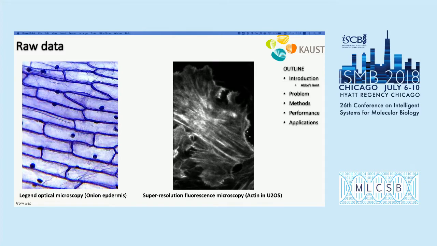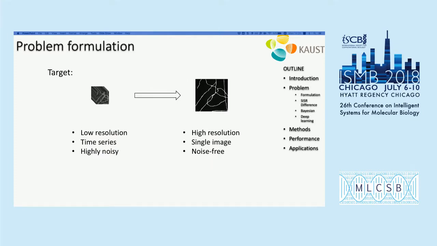We can see from the movie that the fluorescent proteins are like blinking bulbs on the structure, which light up the structure in turn. Although using just one frame from the movie it is impossible to reconstruct the structure, using the whole movie information we can reconstruct the structure in high resolution. So now the problem becomes to reconstruct a single high resolution, noise-free image from a set of low resolution time series images which are highly noisy.